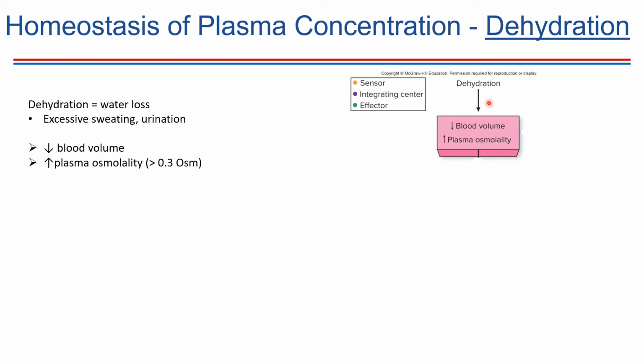When that happens, you're going to have a decrease in blood volume. If you decrease the water in that blood plasma, you're increasing the osmolality, because now you've got less liquid, less solvent, because water is our solvent and we're losing the water. So even if we have the same number of solutes in there, because there's less solvent, the osmolality, or the concentration of what's left, is going to increase. That's a really big concept to get here.